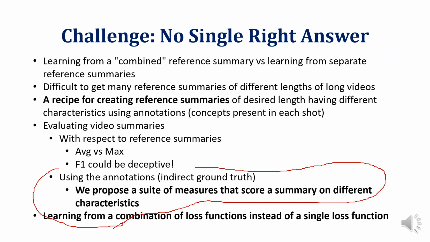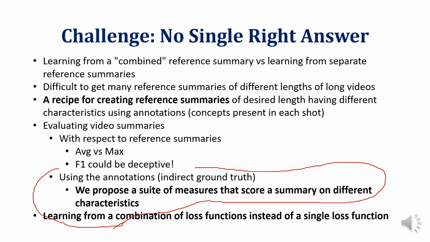So to circumvent this problem of no single right answer, learn from a combined reference summary versus learning from separate reference summaries, what we went about is creating a recipe for creating reference summaries of desired length, having different characteristics using annotation information.